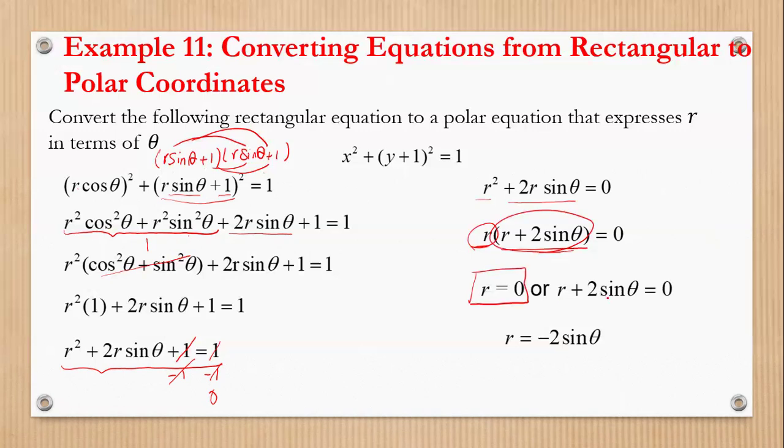And if r plus 2 sine is equal to 0, you can isolate the r by moving 2 sine to the other side. So you have this equation. Now you converted this rectangular equation to two polar equations. Which one of them can be the answer? r equals 0 or r equals negative 2 sine theta.